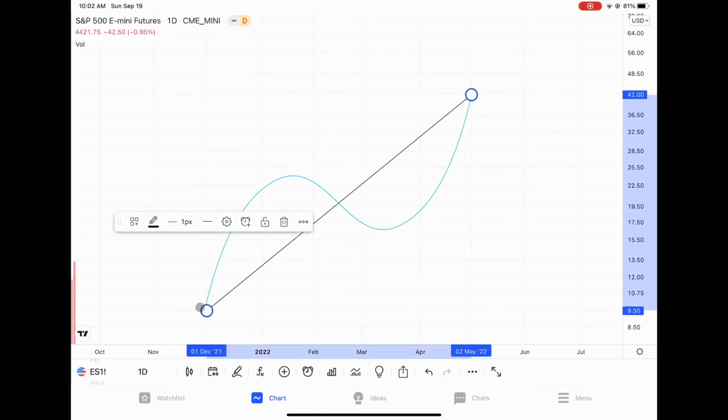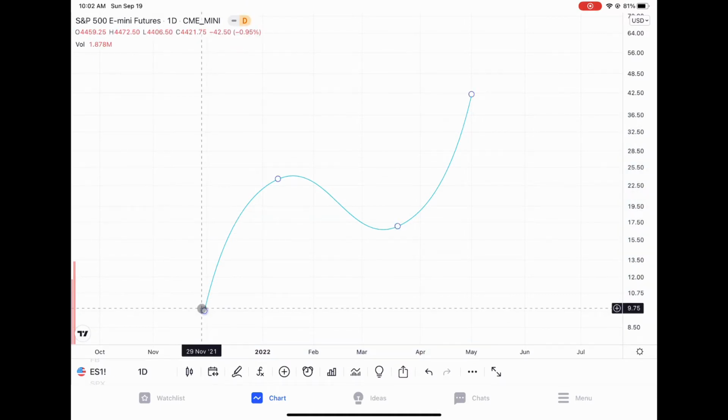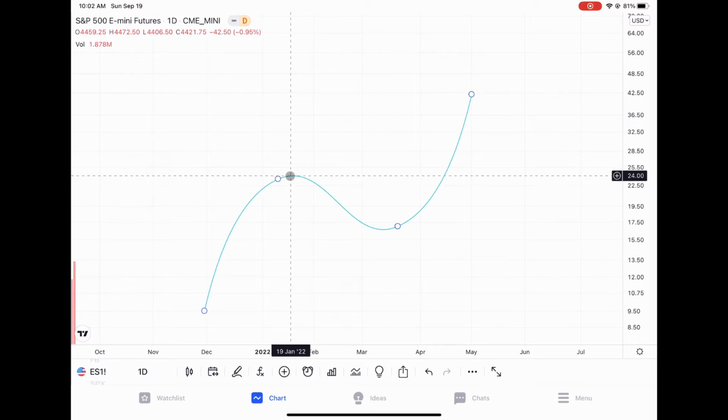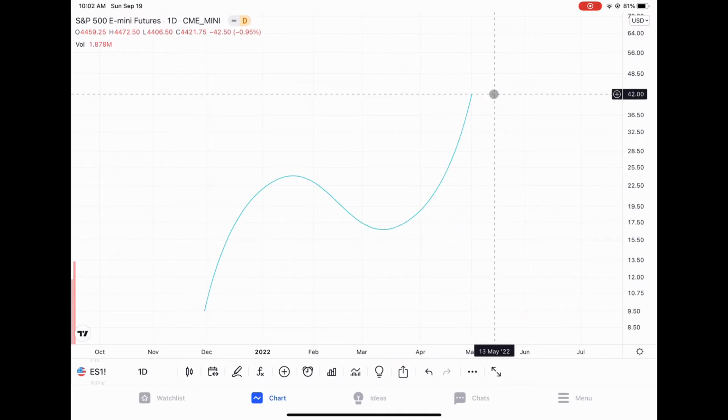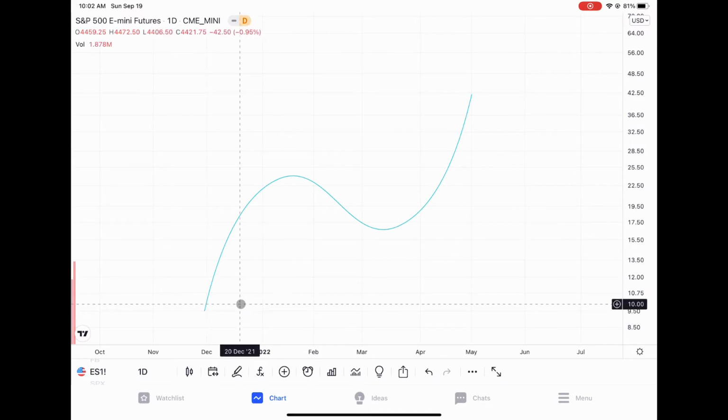Where it goes up, you bought it at, let's say, $9 or whatever, a stock, and then it goes up to like $23, $24, and it just goes sideways for a little bit, and then it goes down, and then it comes back up, or it goes down, or it goes back up. But we really don't know, okay?